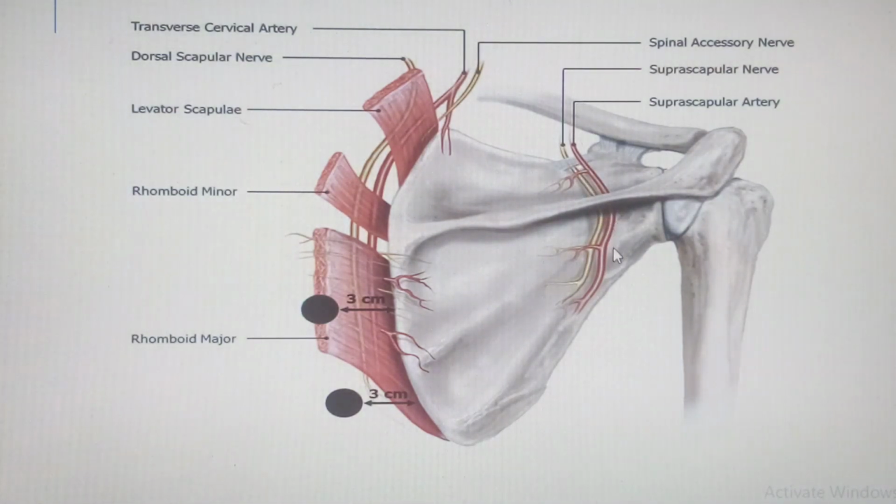But both of them will be contents of the spinoglenoid notch, as we can see over here. So these are the things that we've seen already. We've gone through all these branches coming from the subclavian artery.